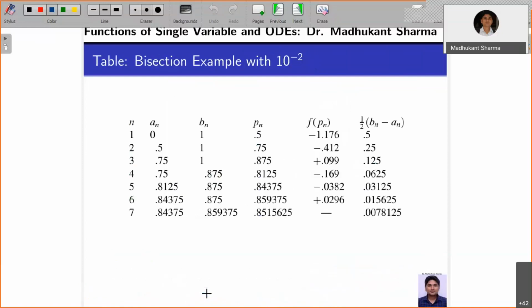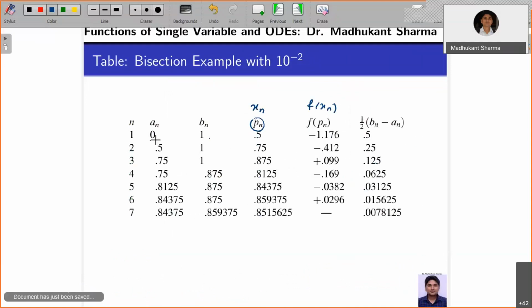So here, for n equals 1, the interval is 0 to 1. Then Pn is nothing but the midpoint of the interval, xn, and these are the values f of xn. At every step the length of the interval is decreasing by half.